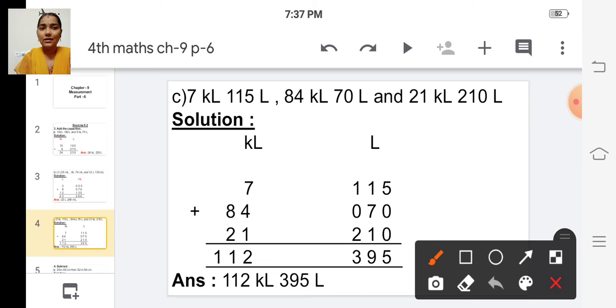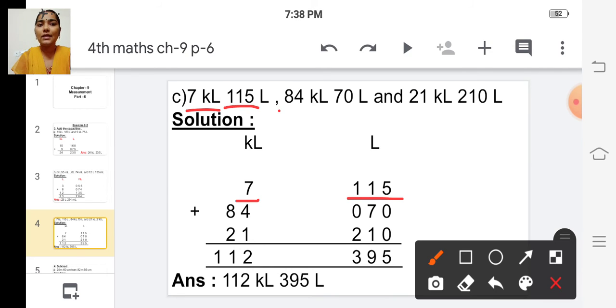Okay, children, the place values. Directly below the place values. So first one is 7 kiloliter. So first you have to separate the units and you have to write their values below the units. So first one is 7 kiloliter and 115 liter.